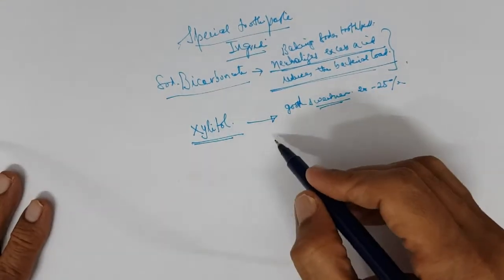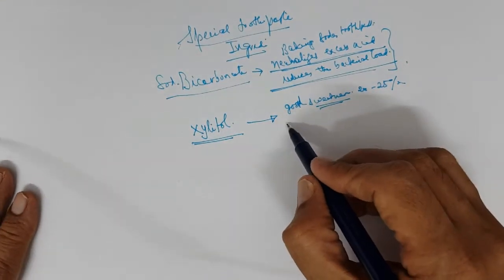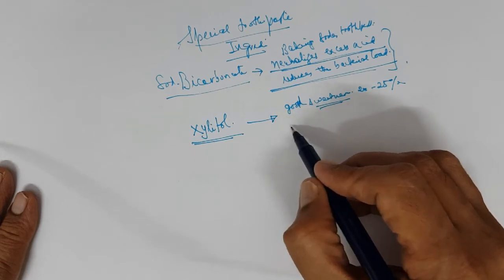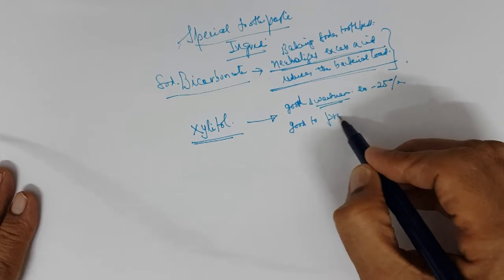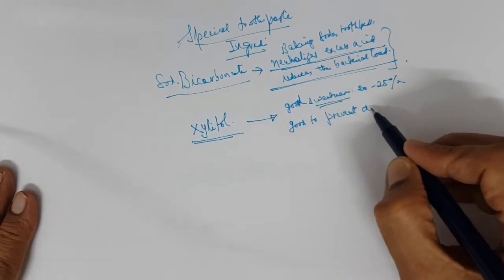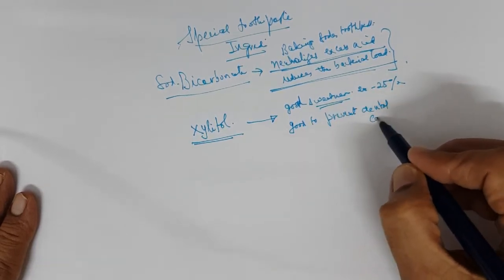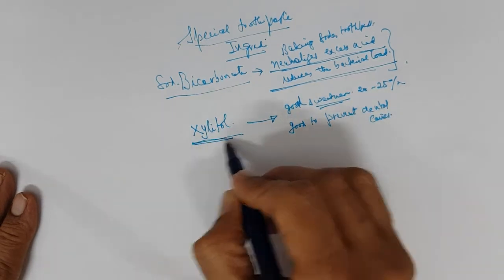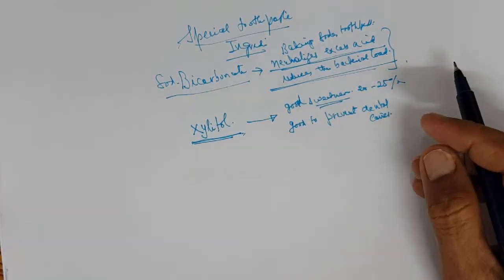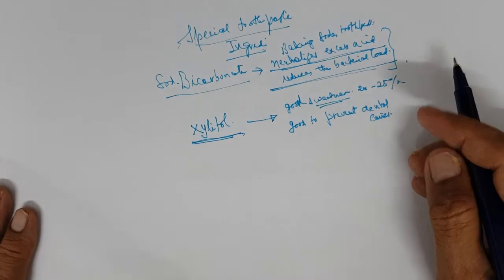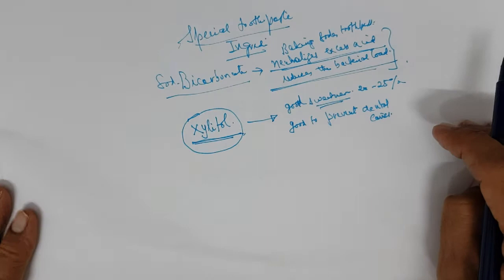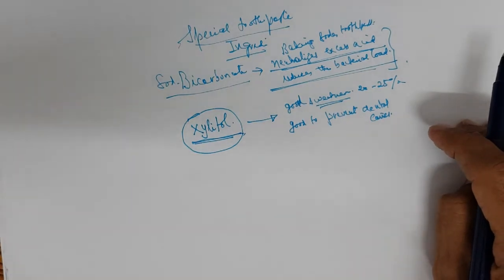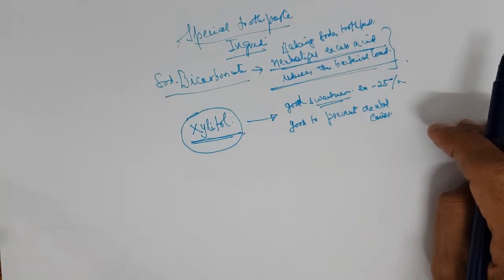Xylitol is also good to prevent dental caries. So xylitol is not generally used in all toothpaste. So this is what I told, special ingredient. Xylitol is used in some special toothpaste.